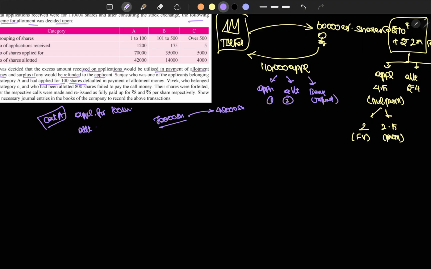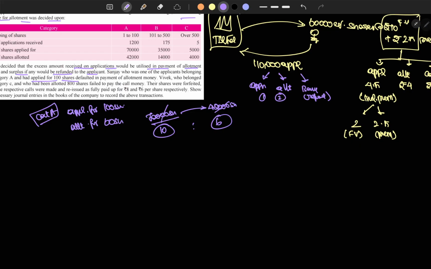So this ratio is 10 to 6. People who applied for 10 shares would get only 6 shares. For 100 shares, you would get only 60 shares. He defaulted on 60 shares.